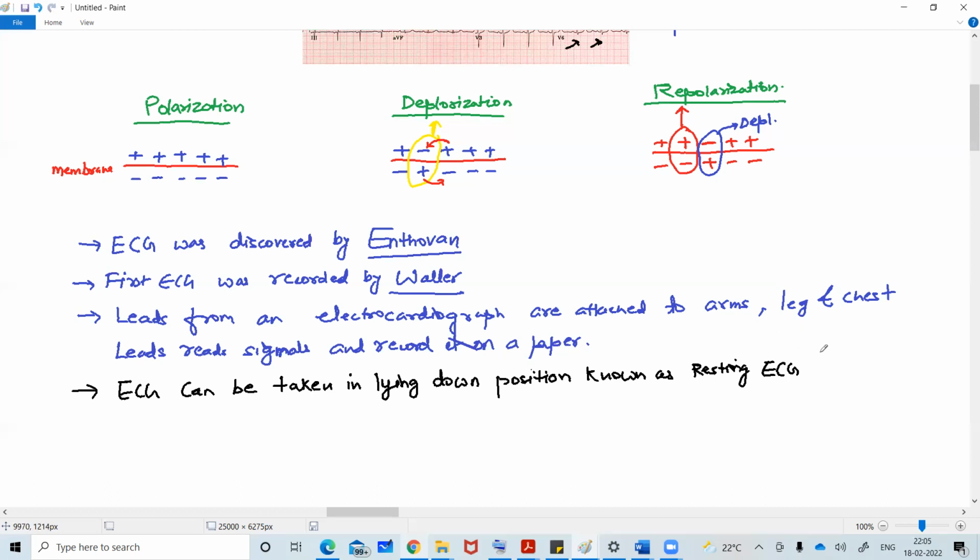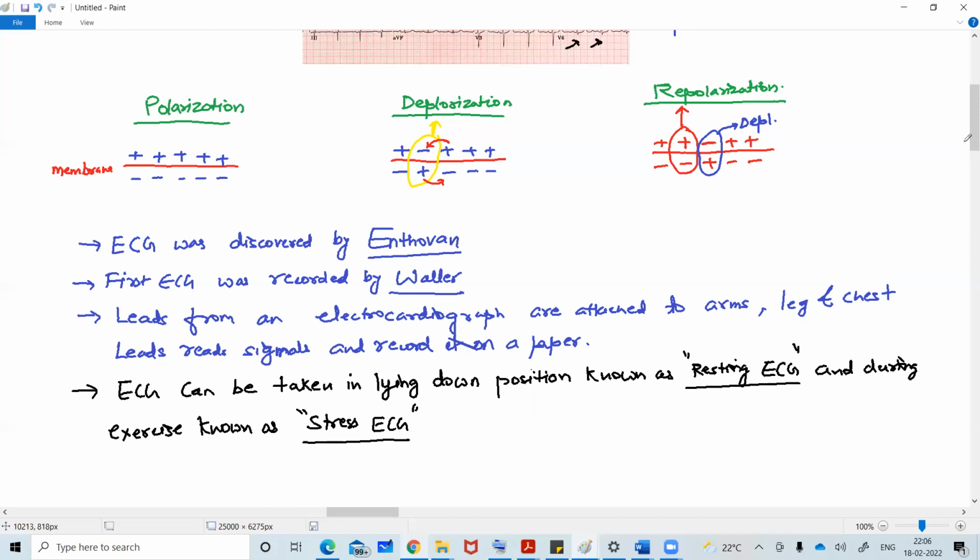So you can say resting ECG, and during exercise, known as stress ECG. So there are two types of ECG done. First is the resting ECG, and second is the stress ECG, where the body is doing some function, and then the graph is plotted.